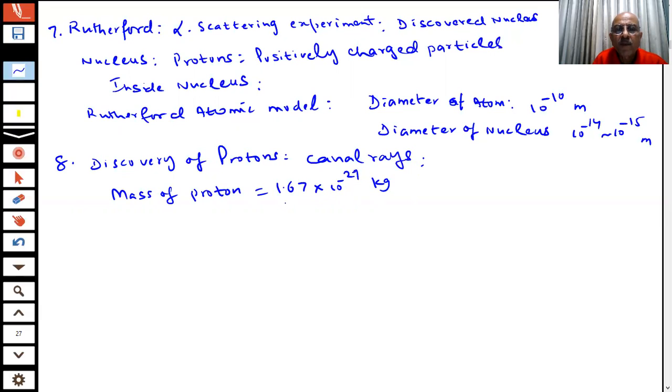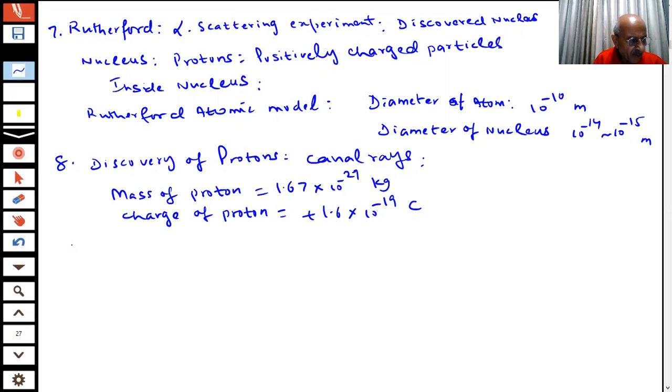This is the mass of the proton, and also the charge of the proton was experimentally determined, students. We write 1.6 into 10 minus 19 coulombs. This is the same as the charge of the electron, but the sign is opposite because protons are positively charged particles.